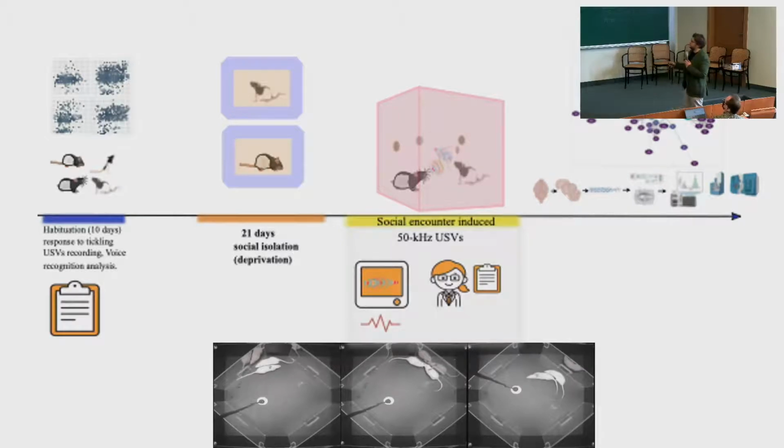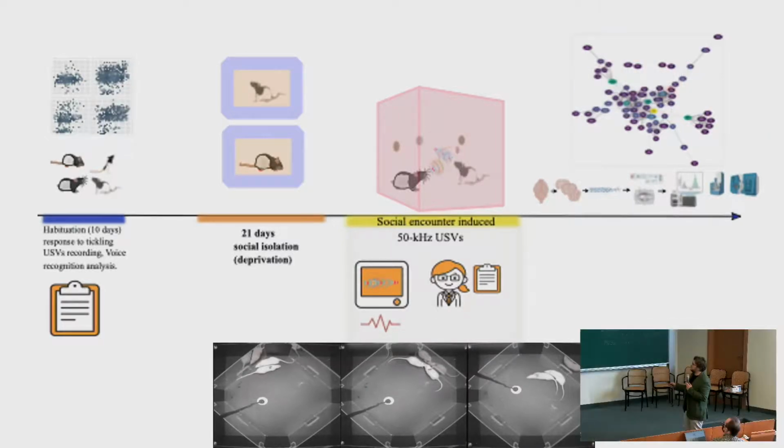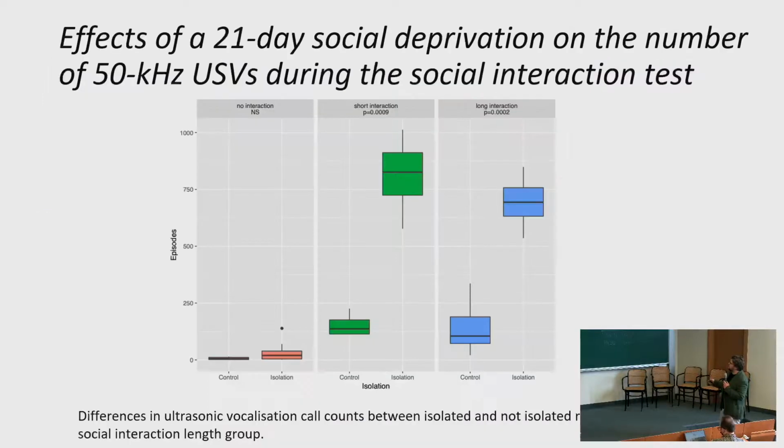We used the model of social isolation for 21 days, and then after the social deprivation, we had the encounter, which induces 50 kilohertz. After this, brains were extracted and analyzed for the concentration of neurotransmitters.